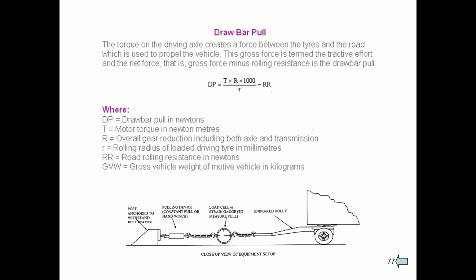What is drawbar pull? The torque on the driving axle creates a force between the tires and the road, which is used to propel the vehicle. This gross force is termed the tractive effort, and the net force, that is gross force minus rolling resistance, is the drawbar pull. Gross force minus rolling resistance is what you call drawbar pull.